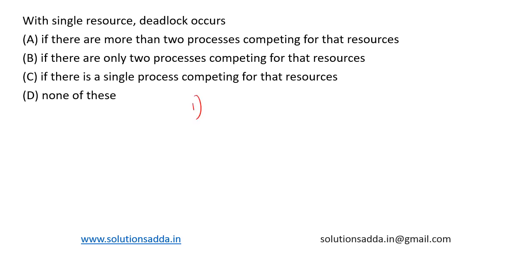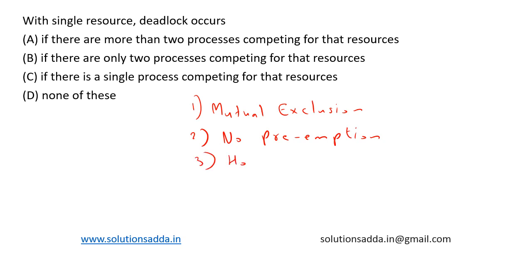First one, mutual exclusion. Second one is no preemption. Third one is hold and wait. Fourth one is circular wait.